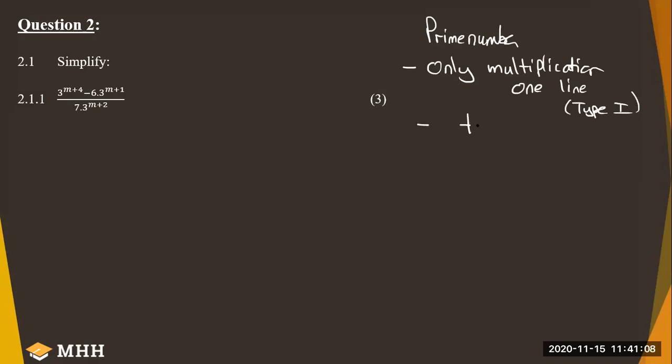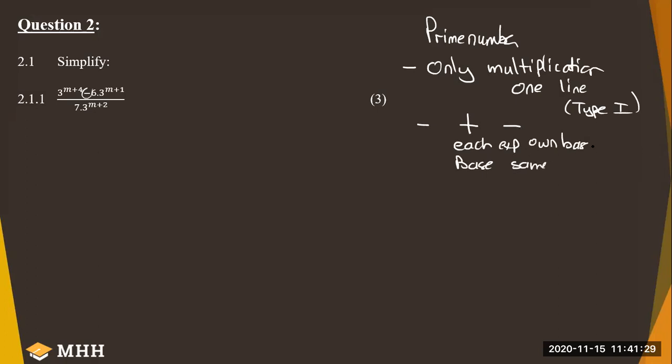If you see a plus and a minus, like I'm seeing here, what do you do? You give each exponent its own base. And then you try to make the bases the same.